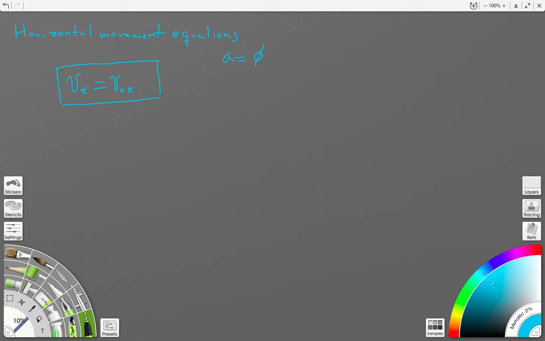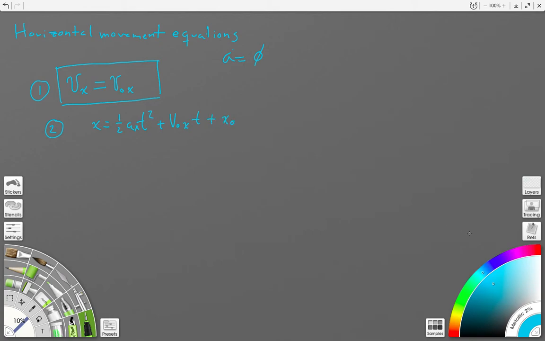So this will be our first equation. Our second equation we'll get from something that we already know: x equals 1/2 ax t squared plus vox times t plus x0.